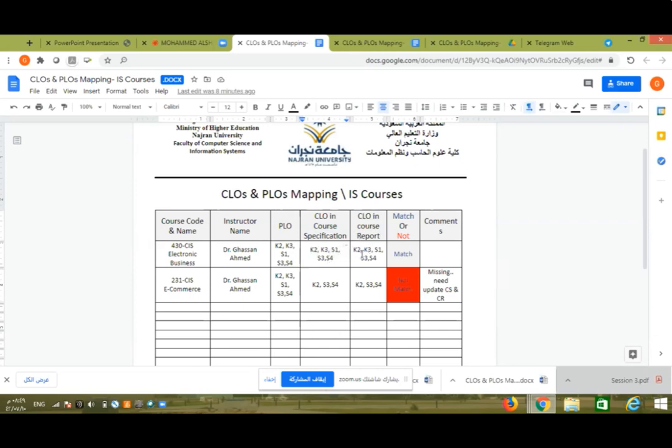In the course report, you also have to mention your CLOs. Put it as it is there. Then, alhamdulillah, for this example, it matches. All of them match: the PLOs with the course specification and course report.